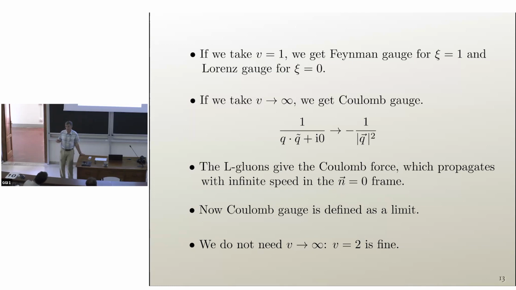You get rid of all the problems of Coulomb gauge if you just carefully take that limit. We don't care about Coulomb gauge. So what's important for us is that it's not infinite, so we can take any V we like, and for instance, just take V equals 2.